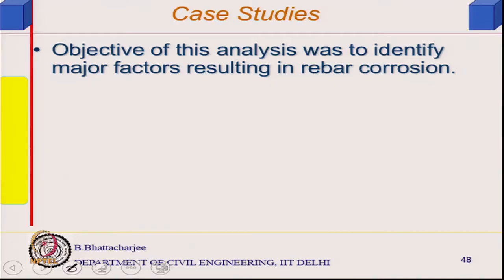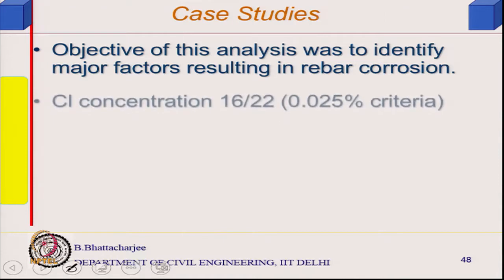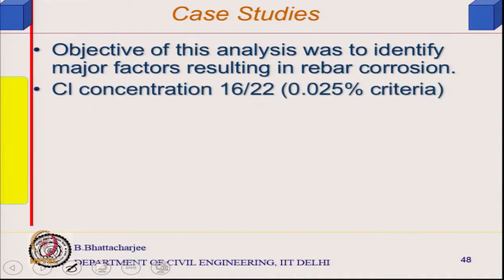The other thing was that cover was a factor. Chloride concentration was high enough to cause depassivation in 16 out of 22 cases, and carbonation was high in 7 out of 22.